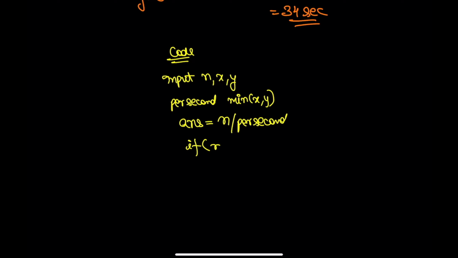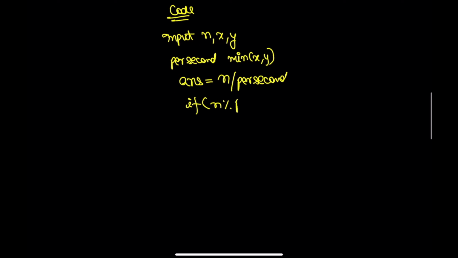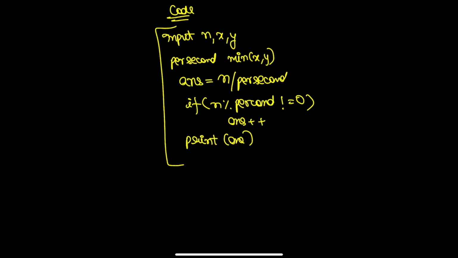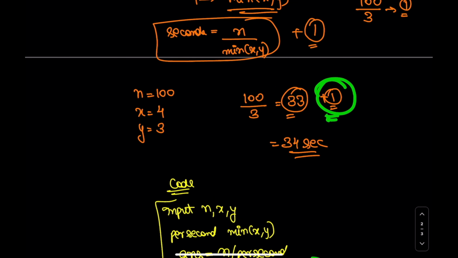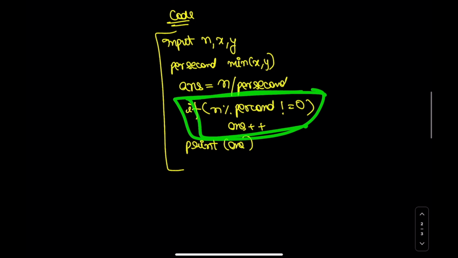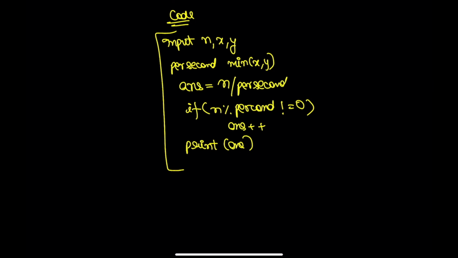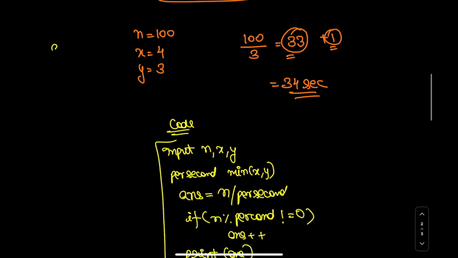Now if n modulo per second is not 0, then we would add 1 to our answer, and in the end we would just print the answer. Now why this plus plus? That's because we can have some remaining fruits at the end. So I'm just checking if it's divisible or not. Let's suppose we had 99 fruits only. Then dividing by 3 would leave us 0 fruits. So we don't need to check for anything else.